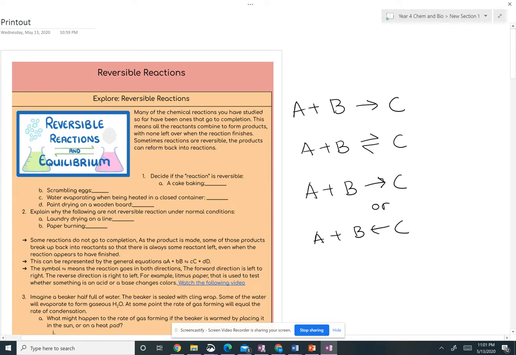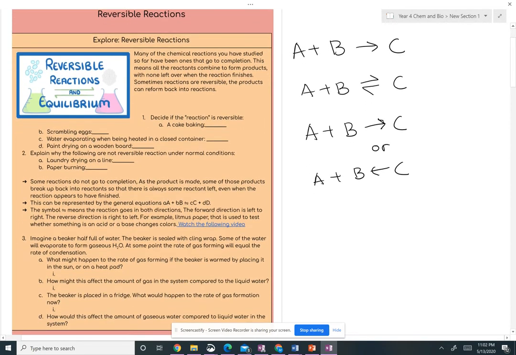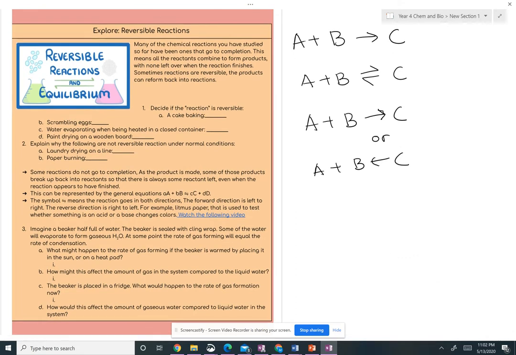Once you get to C, this product that you make can also break down and go backwards into the reactants. So that's why we call it a reversible reaction. You have to think about whether the reaction can go back on itself.